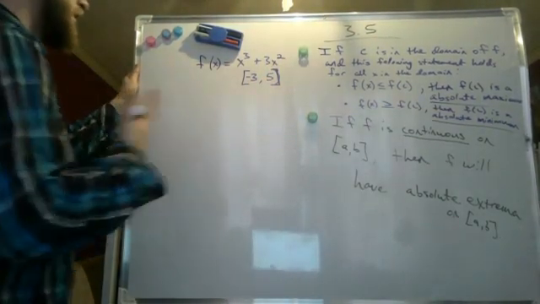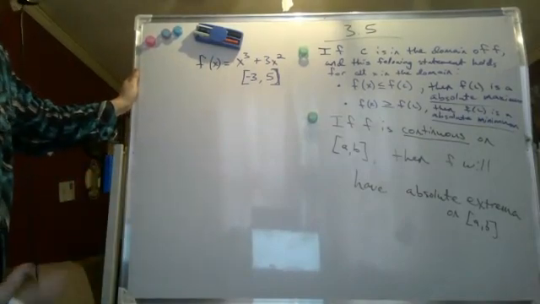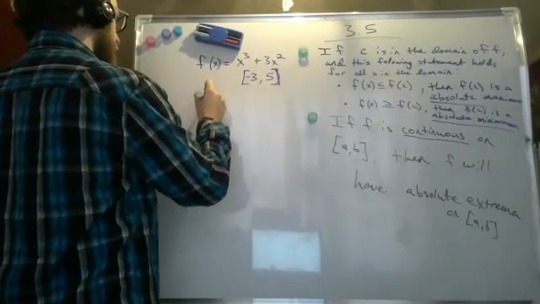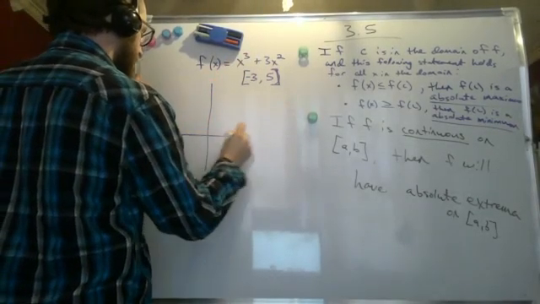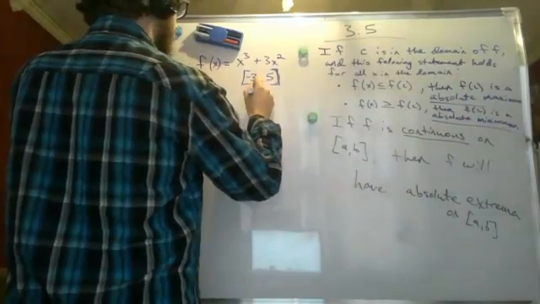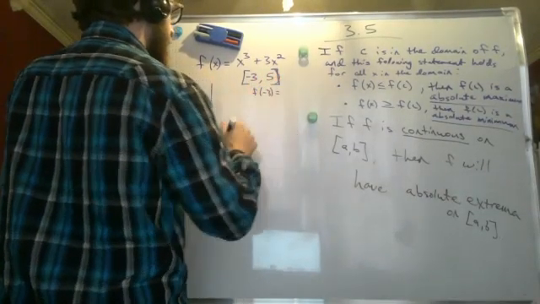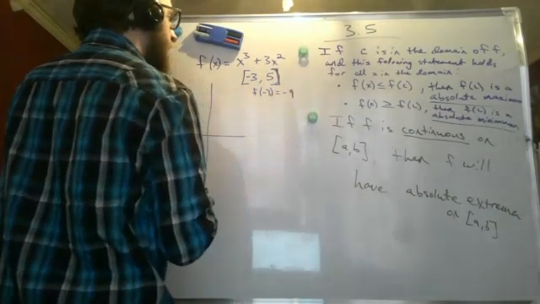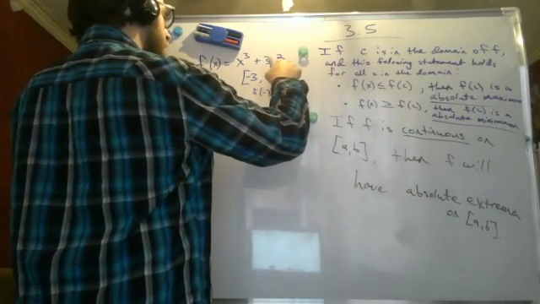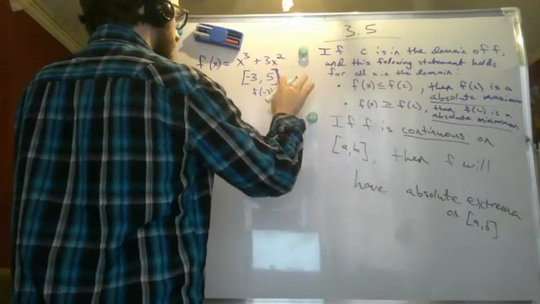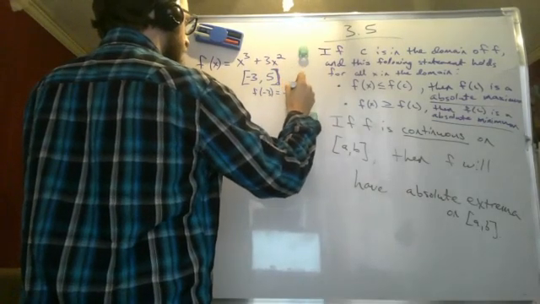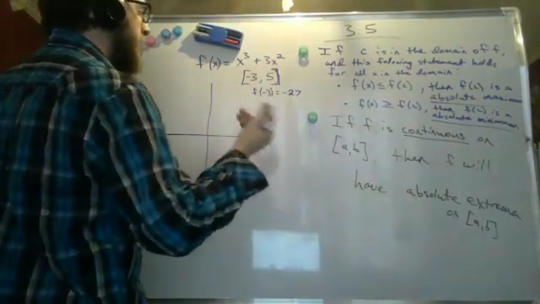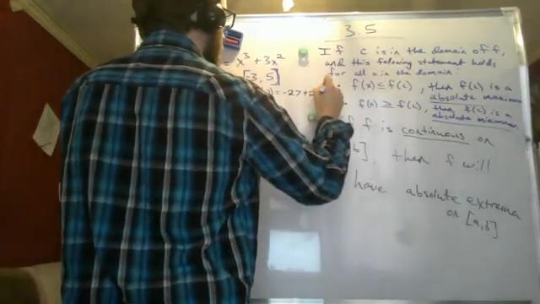So what does this mean? Well, and we can check this as we plug stuff in, but what does this graph look like? Well, if we check f of -3, then this is -3 cubed is -27. And then if we have -3 squared, that's 9, times 3 is a positive 27.